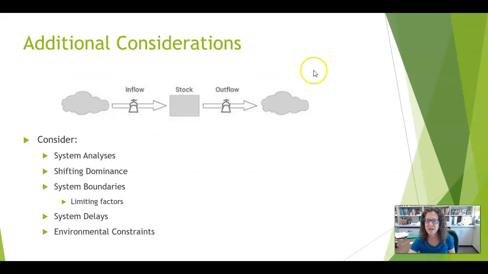What is the system delay in the fishing example? The stock is the amount of fish in the ocean. If we allow overfishing, that would increase the outflow, and it might take the system much longer to replenish the stock of fish. That's a system delay.